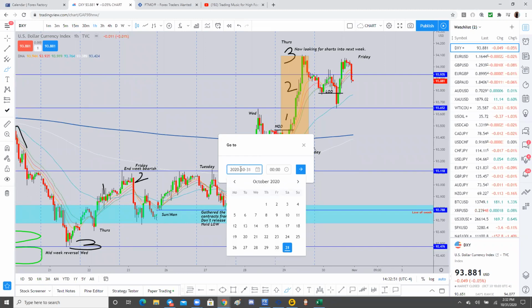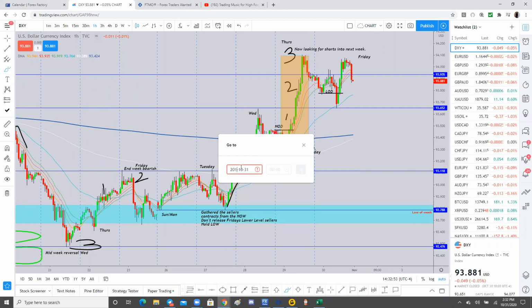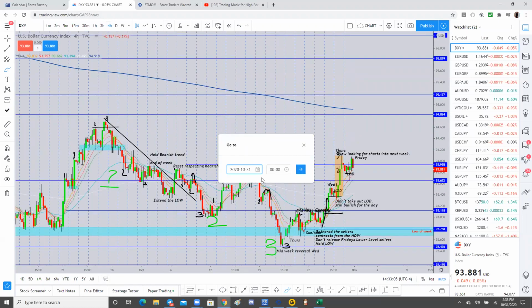I type it in. 2016, and we go to November 3rd. I got to go to a higher time frame. So boom, boom, 2016, 11/3. Why can't I go? You did it to me before.